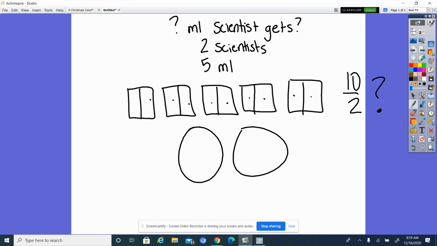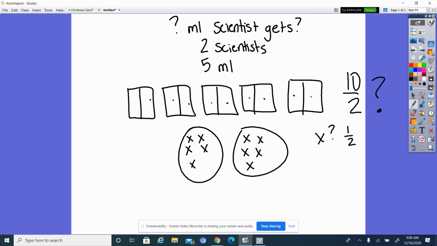A half of a milliliter, right? Okay. That's fine. Thank you. So let's distribute these half pieces. 1 half, 2 halves, 3 halves, up to 10 halves.